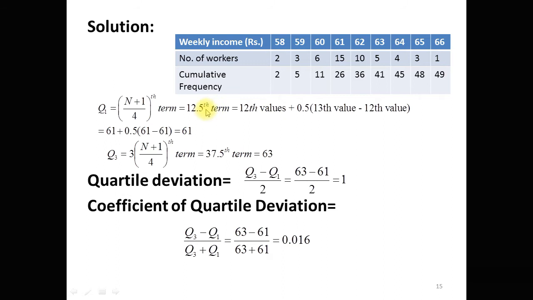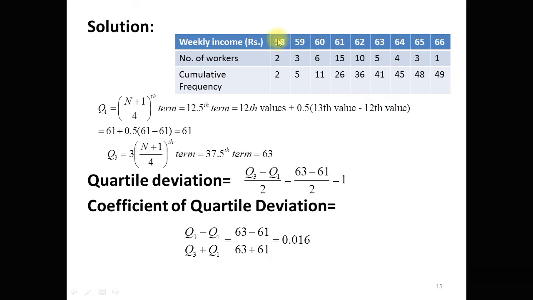Since the position of the first quartile is 12.5, first of all check the position 12 in the cumulative frequency row. You see over here, this cumulative frequency means that from position number 1 to position number 2 this value lies, similarly from position number 3 to position number 5 this value lies, from position number 6 to position number 11 this value lies, and from position number 12 to position number 36 this value lies.